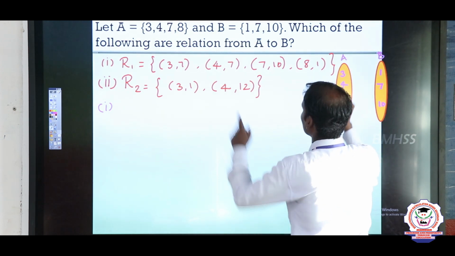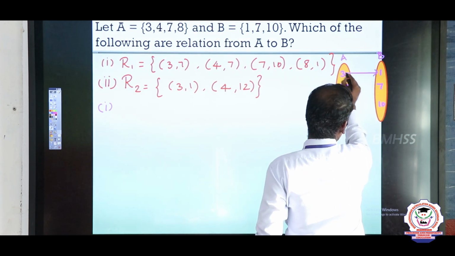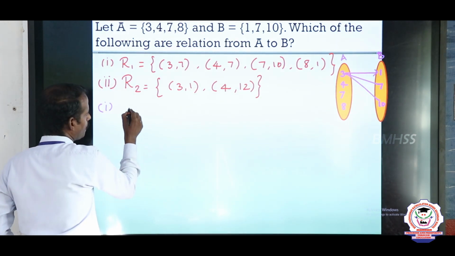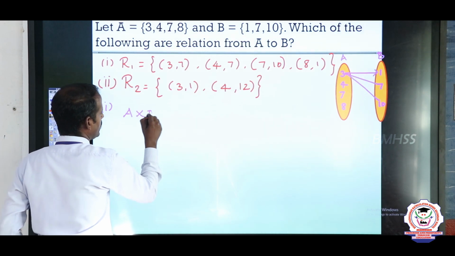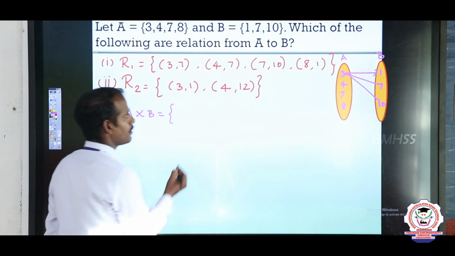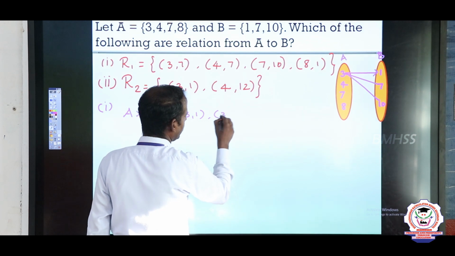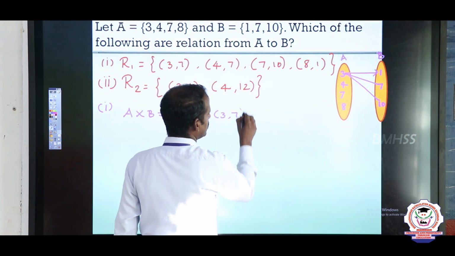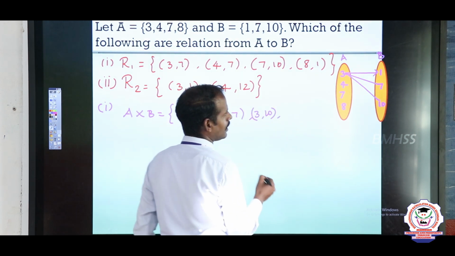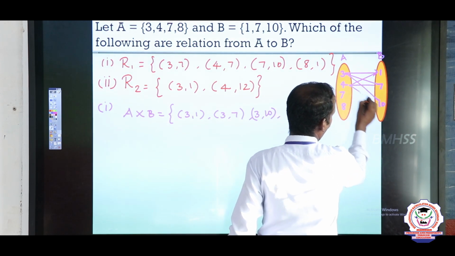First, 3 relates to 1. So the first relations are 3 to 1, 3 to 7, 3 to 10. We have to find A Cartesian product B. What are all the possibilities? The first ordered pair is (3, 1), then (3, 7), next (3, 10). Next, (4, 1), (4, 7), (4, 10).